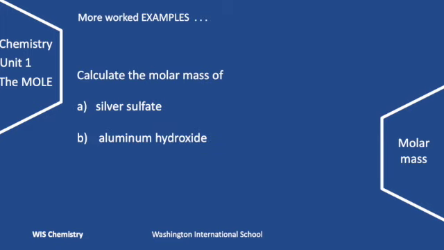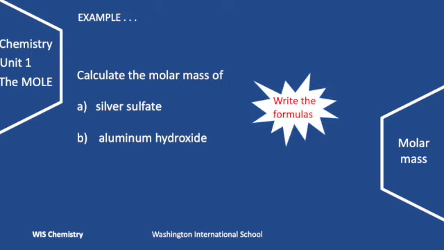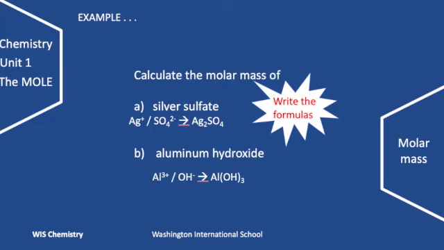And here are some more worked examples, just to calculate molar masses of silver sulfate, aluminum hydroxide, and we have to write the formulas. And in fact, metal, non-metal there, for both A and B, they're ionic compounds. So we look at the ions and the charge on the ions to work out the formula.